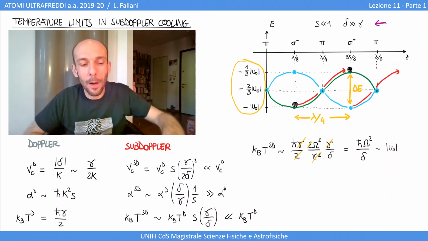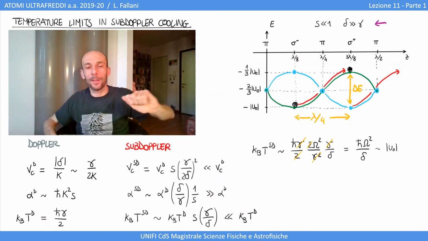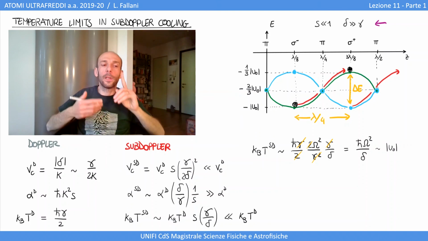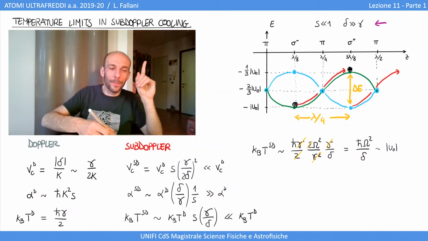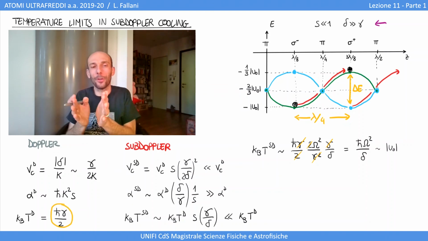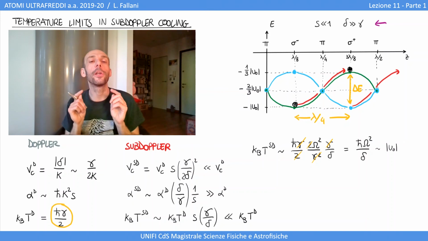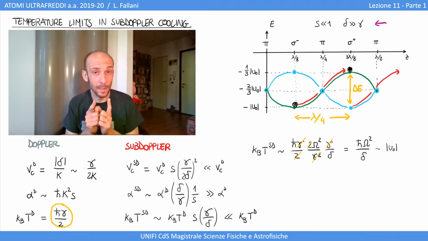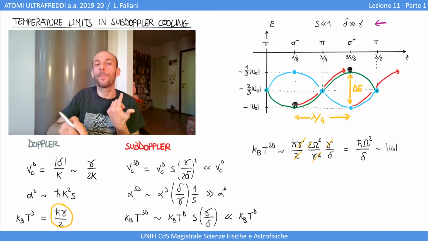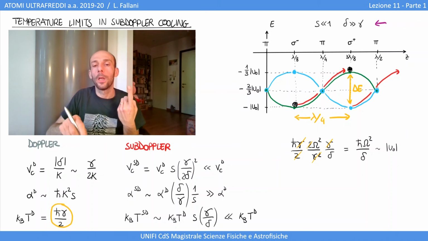And so what do you see now? You see that this subdoppler temperature depends on the parameters that you choose. Differently from the Doppler temperature, which had a minimum, and I plotted here just a minimum value for this temperature that depends only on γ, the transition line width. Now you see that this subdoppler temperature depends on two parameters.